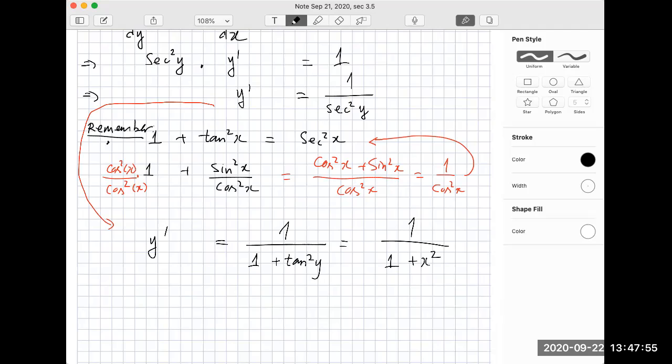So now, in the end, we know that y prime is 1 divided by 1 plus x squared. Or we can write it as d over dx of the inverse function of tan is 1 divided by 1 plus x squared. Is it clear?